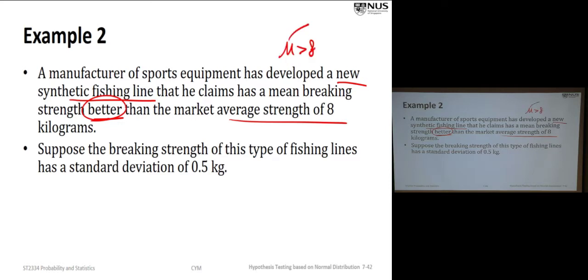What's mu? In this example, mu means the average strength of the fishing line for this manufacturer, the mean strength of the new fishing line.